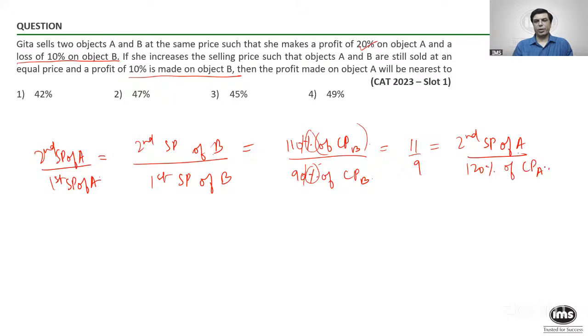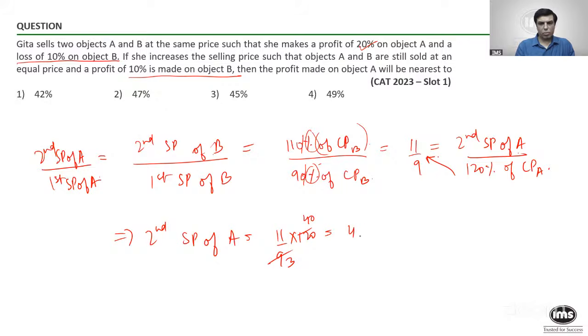is 11/9. So if I cross multiply, I can say the second selling price of A is 146.66% of the cost price of A, which means this is the profit.